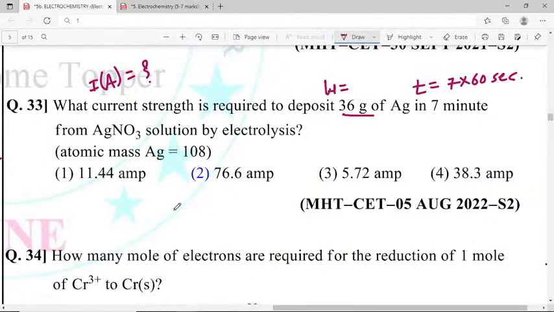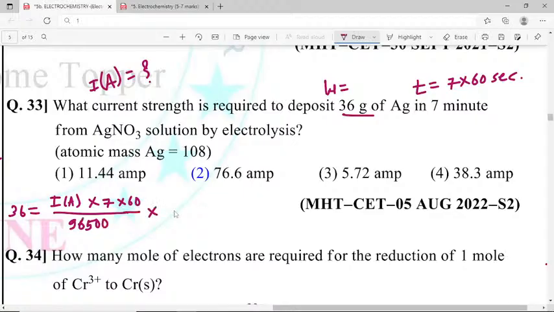Okay, I am just substituting the values in the formula. 36 is equal to current in ampere, which we have to calculate, multiplied by time in second, 7 multiplied by 60. This whole divided by 96500. This whole multiplied by mole ratio of silver, 1 by 1, multiplied by atomic mass 108.